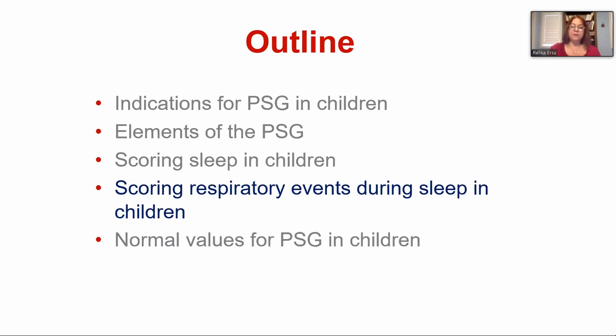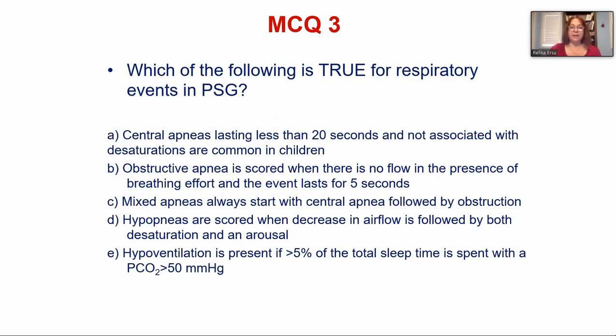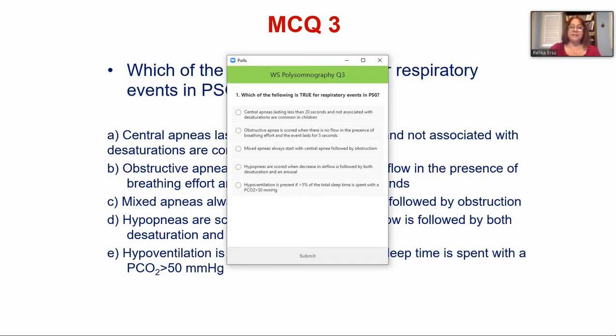So now we'll go to the respiratory event scoring, and we'll start with a question and think about how we score respiratory events in children. Which of the following is true for respiratory event scoring in polysomnography? Central apneas lasting less than 20 seconds and not associated with desaturations are common in children.